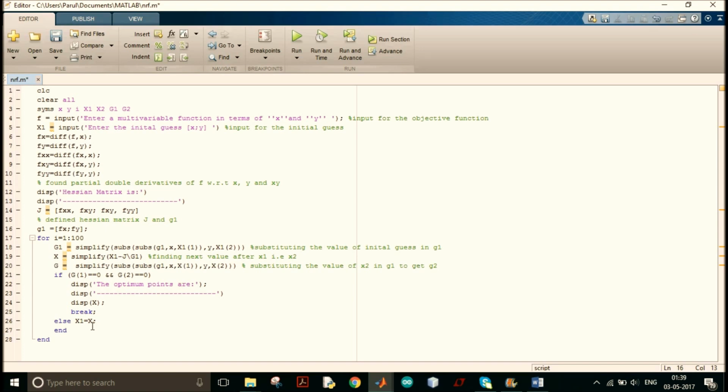And then by the if condition we check that if G2 is equal to 0, then we get the optimum points at x2 and then we break the loop, and if not, the iteration continues, and x1 will be equal to x2.